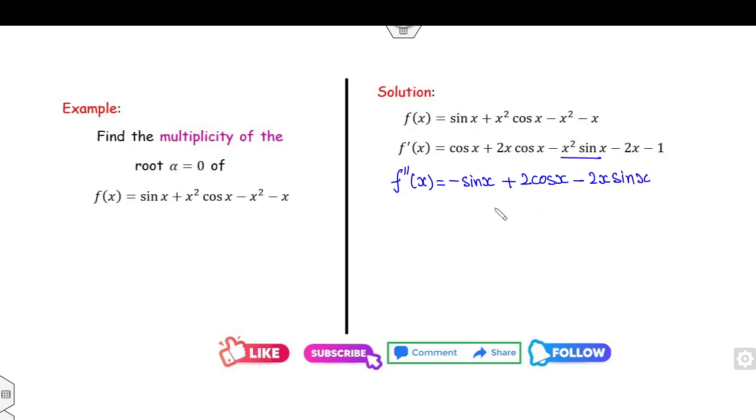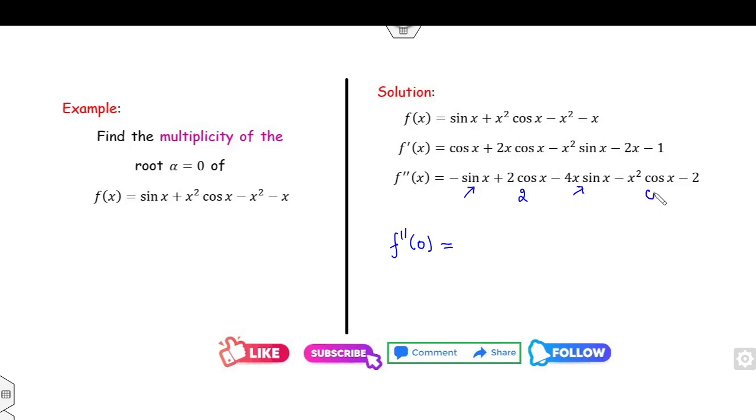Again I can use the product rule: minus 2x sin x minus x square cos x minus 2. Fine. I can combine this value. Now what is the value of f''(0)? This is 0, this is 2, this is 0, this is 0, and this is minus 2, which is again 0. Fine.